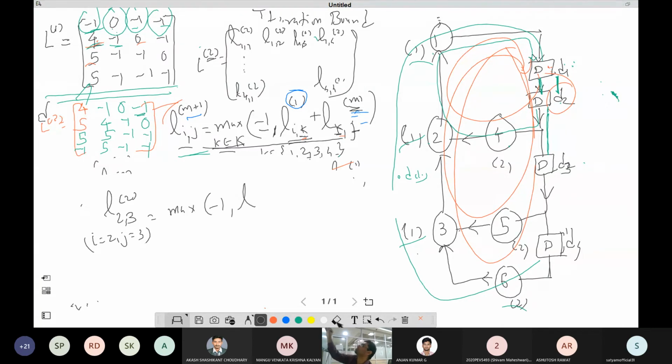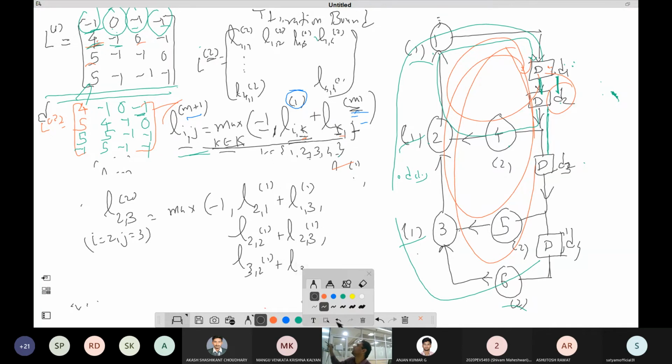L2. Since I is 2, I am putting K as different values. 1 plus L13 1. L2 2 1 plus L23 1. L3 2 1 plus... I wrote this wrong.